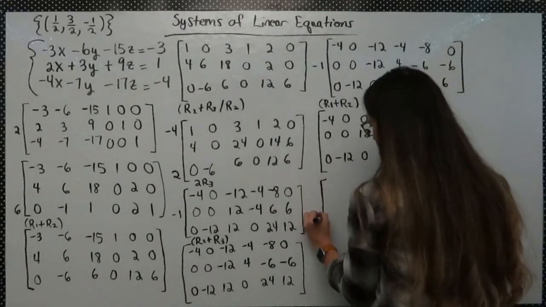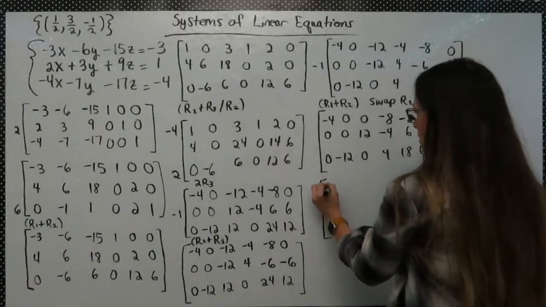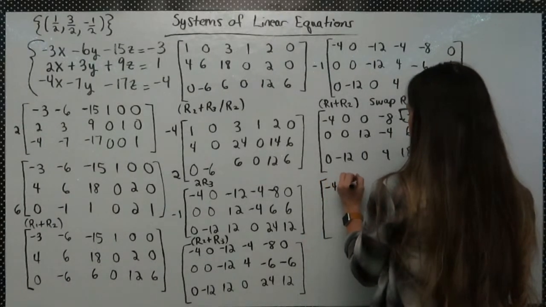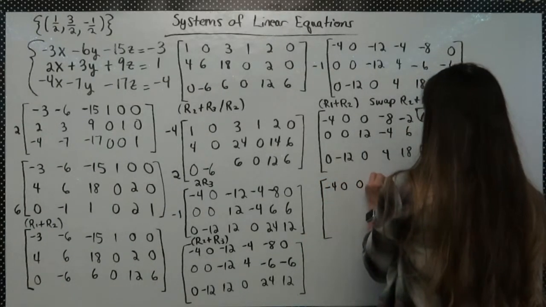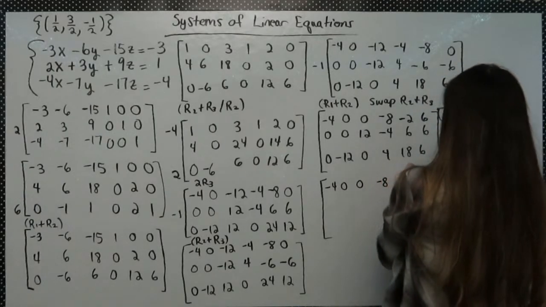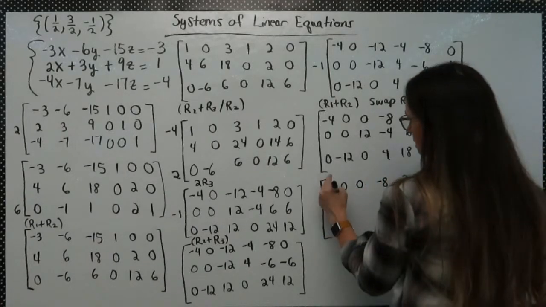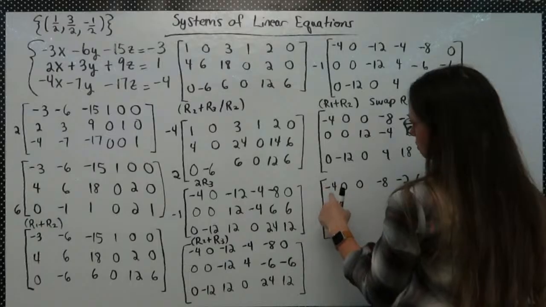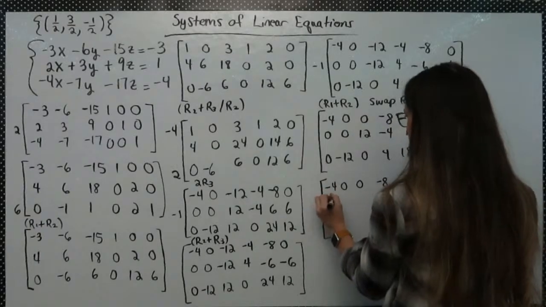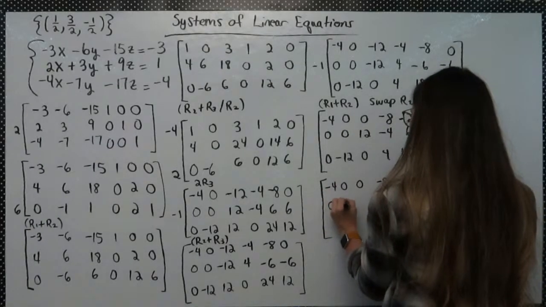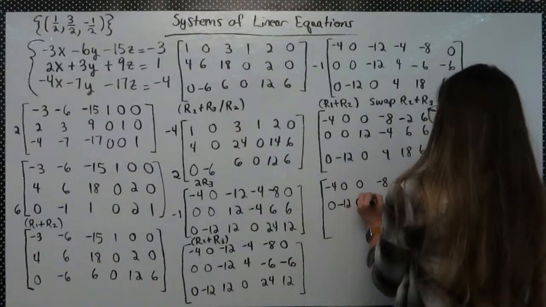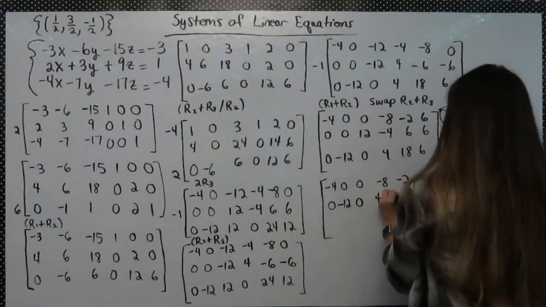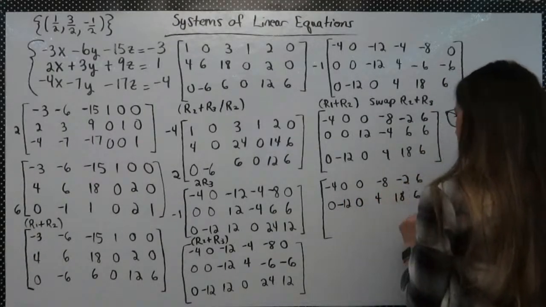I'm clicking this step. We got -4, 0, 0, -8, -2, 6. And then instead of row 2, I'll write row 3. 0, -12, 0, 4, 18, and 6.